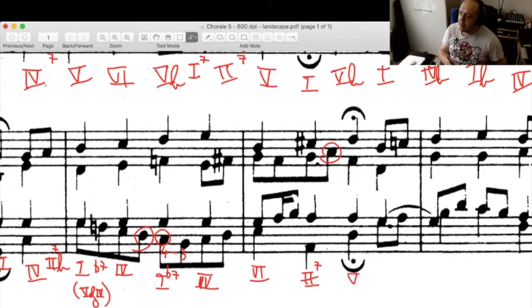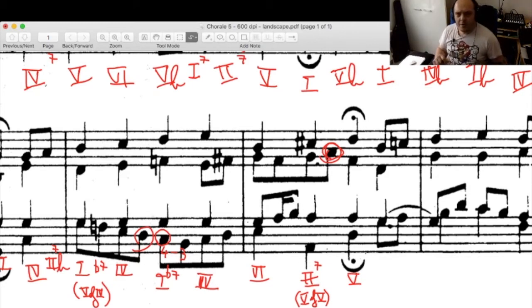So the chromatic 2 functions as 5 of 5. The 7th drops to the 3rd of the next chord. Okay, that's fine, with a little decoration. It just steps up to the root of A7 to then drop. It's a little decoration.